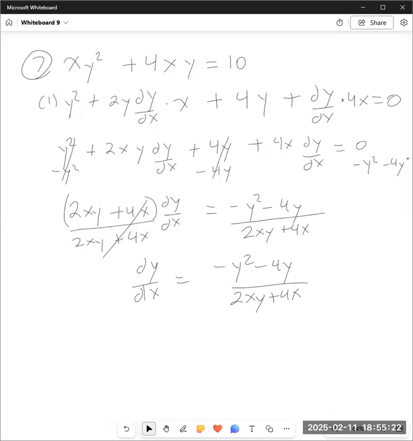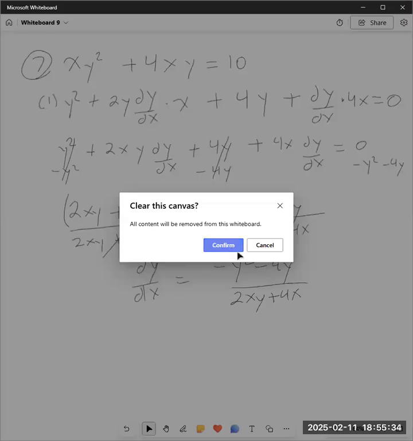All right, let's look at the next problem, which is number 9. Number 9 says 2x plus y over x minus 5y is equal to 1.